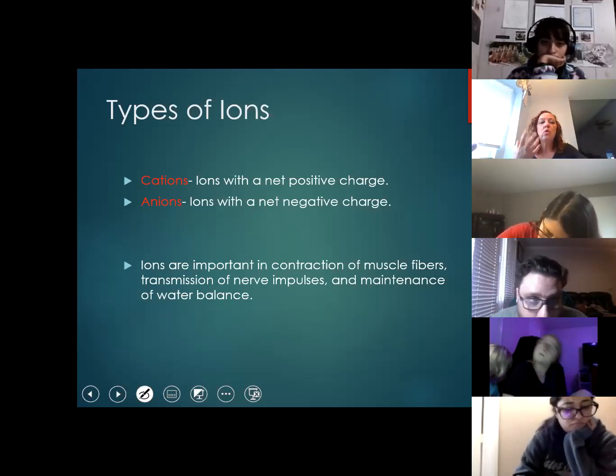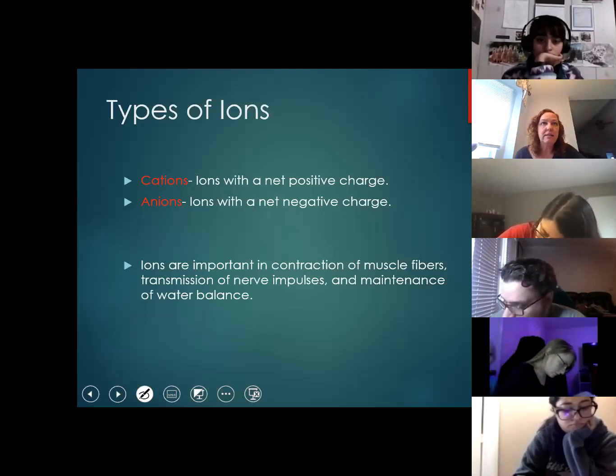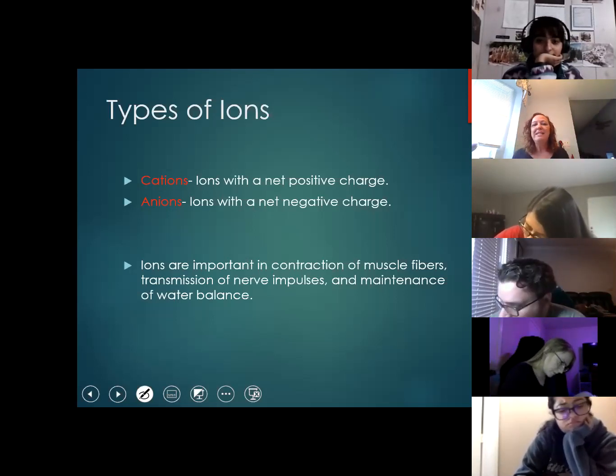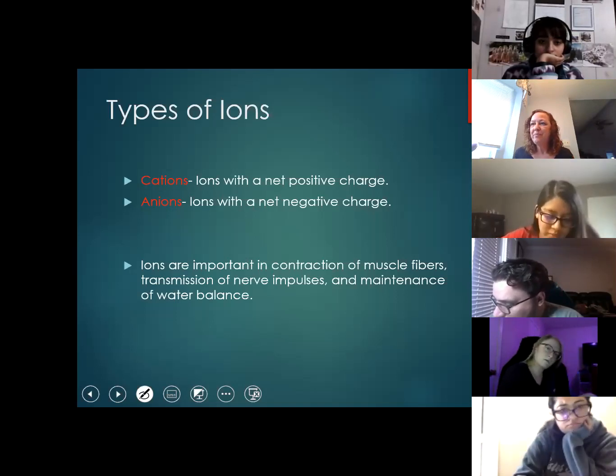And when I was in school, we learned these words as cations and anions. And so when I started teaching all those years ago, I was teaching about cations and anions, and nobody knew what the heck I was talking about. So I learned very quickly that you guys say cation and anion.